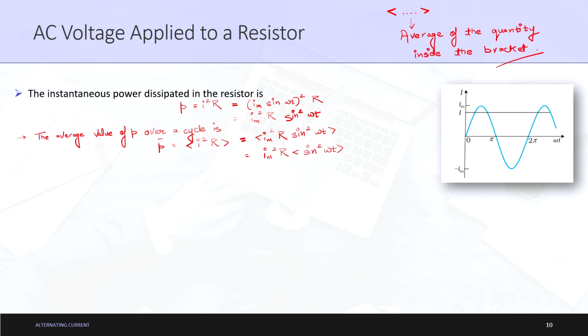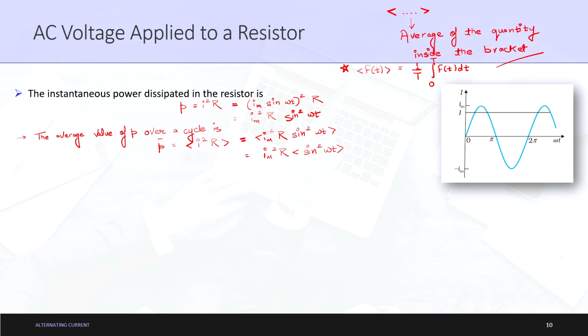Second thing is how it is calculated. Let us suppose I write something as F of t, where F is a function of time t. We can write its average as 1 by T integral 0 to T F of t dt. Okay. I hope the concept of this bracket is clear to you.